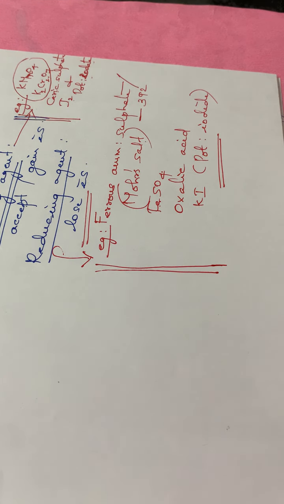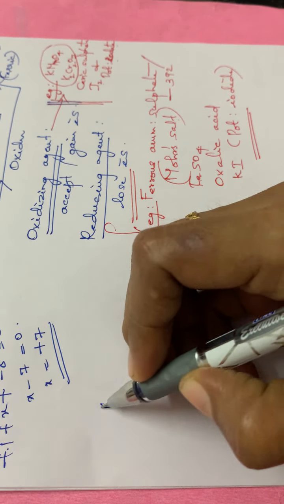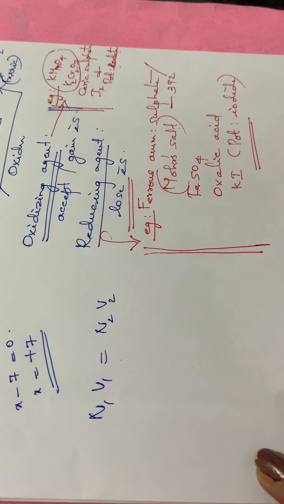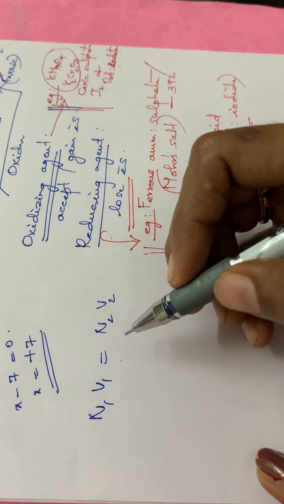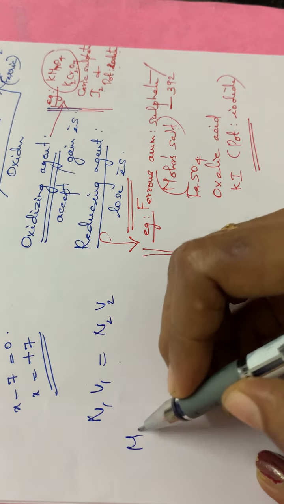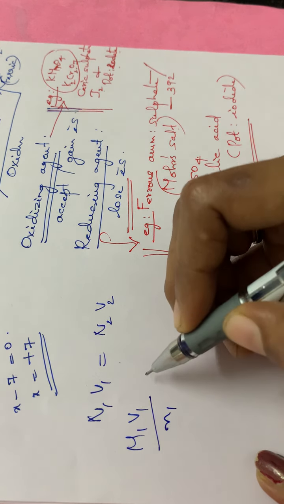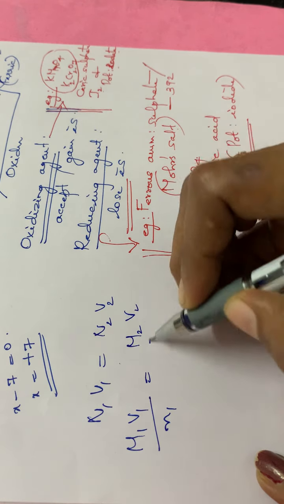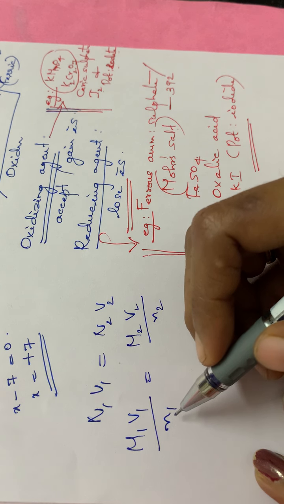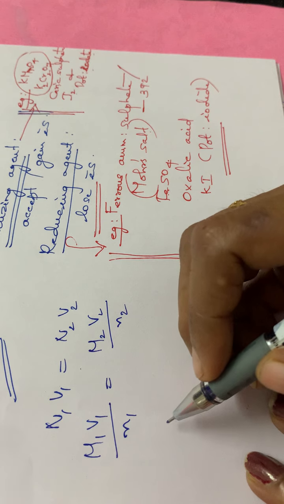Normally while doing these volumetric titration reactions, we have one formula, normally written as N1V1 = N2V2. This is the relation used for the titration. There is also another correlation: M1V1/N1 = M2V2/N2.